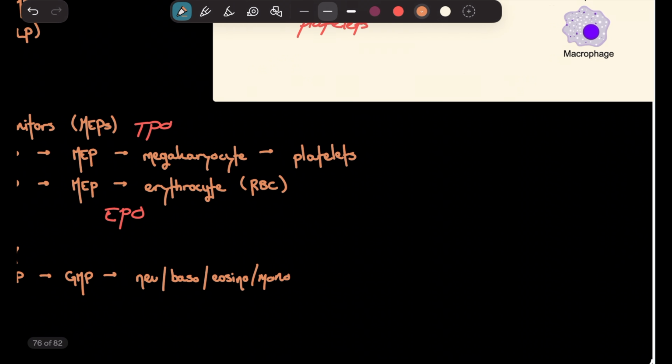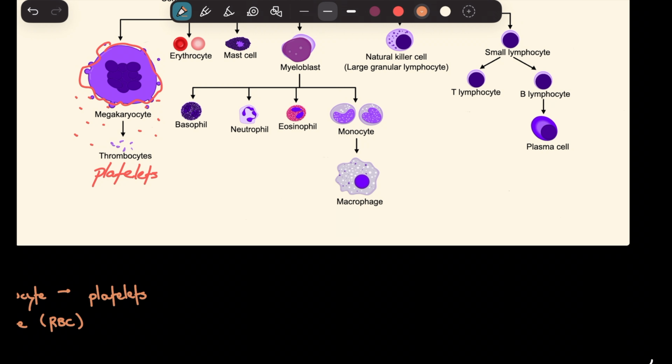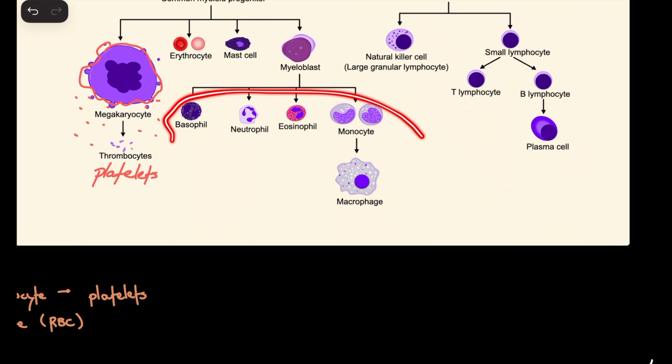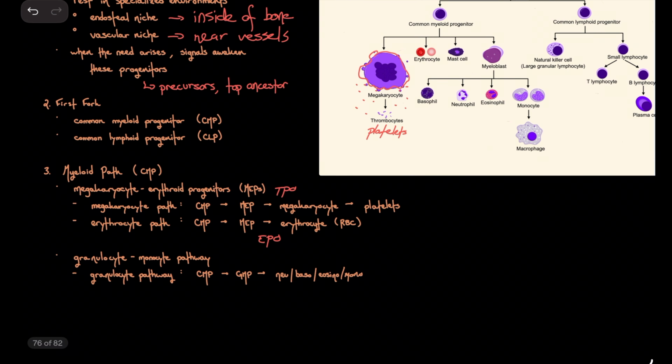And a monocyte is just the precursor to a macrophage. Okay, so a monocyte is just hanging out in the blood, and then once it goes into the tissue space, it turns into a macrophage and starts eating stuff up. But we see that those are my granulocytes. They all have all those granules within them. So mostly those innate white blood cells.